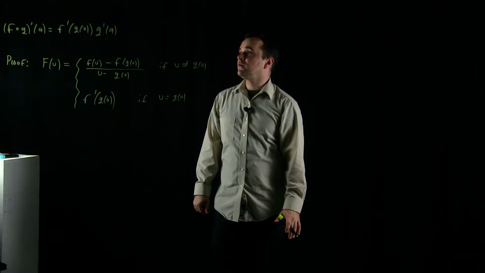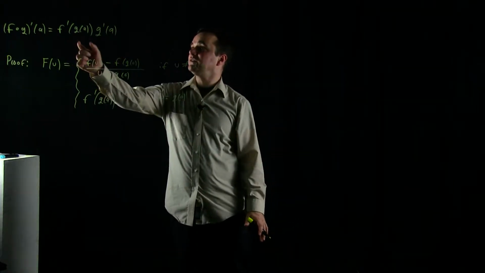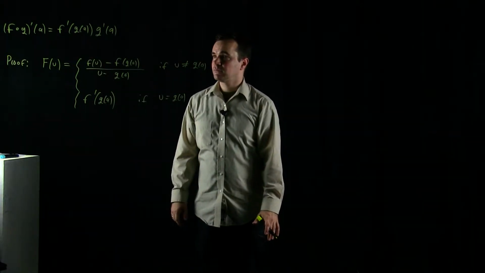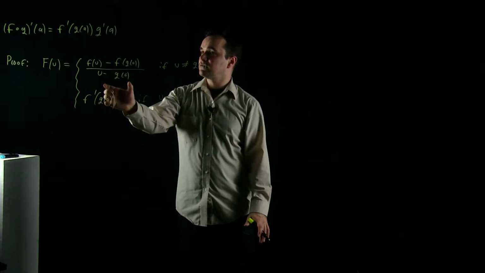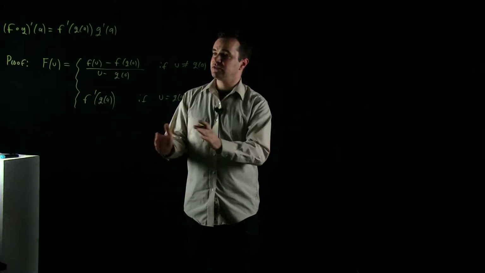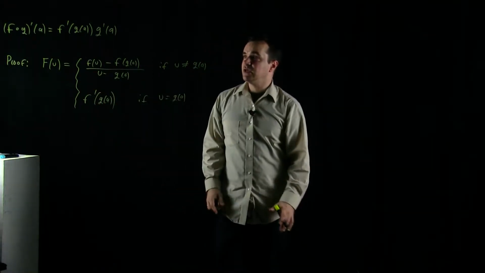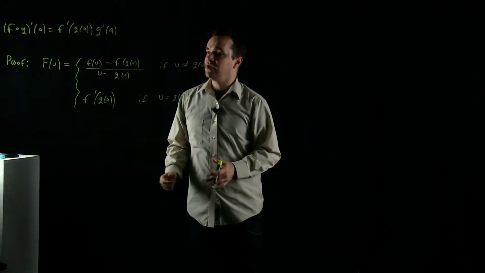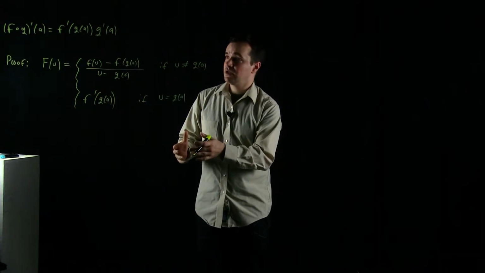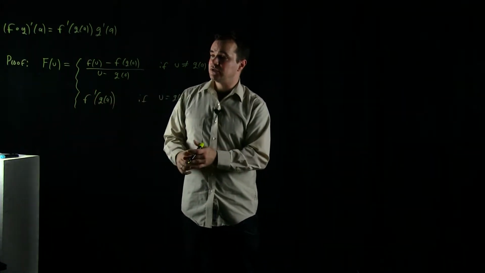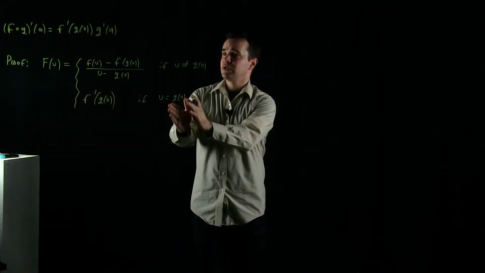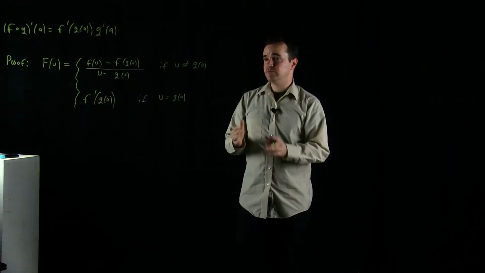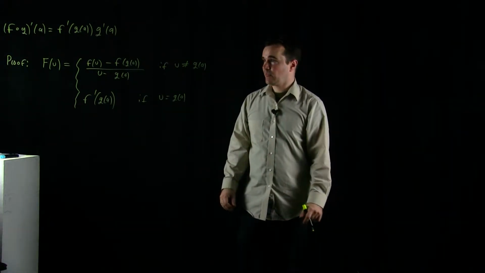And since I know function f is differentiable at the point g of a, this is the difference quotient for that derivative. So when I take the limit, this is the answer that I get. So the fact that this little f is differentiable at the point g of a is the same thing, if you like, as saying that this function is continuous at the point u equals g of a.